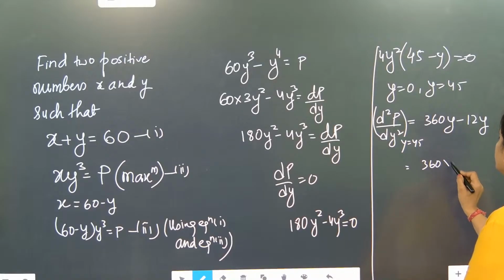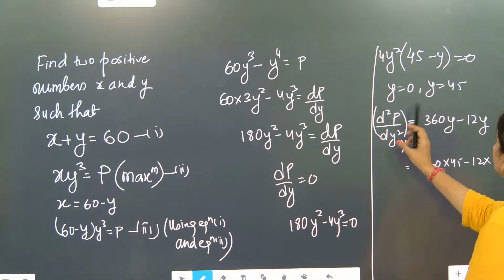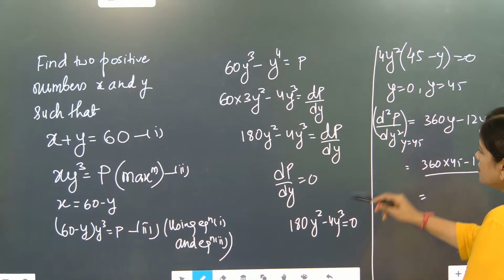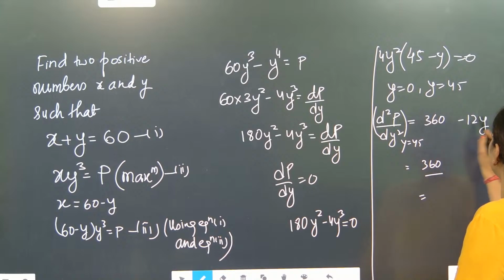Once you substitute y is equal to 45, it will come 360 into 45 minus 12 into 45 square. So the answer is going to be positive or negative?